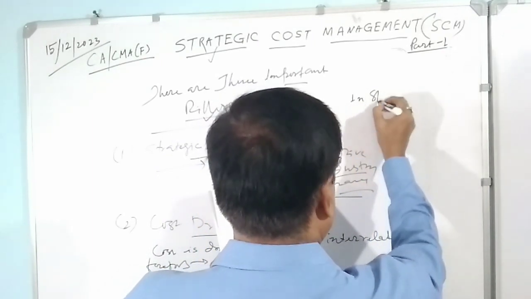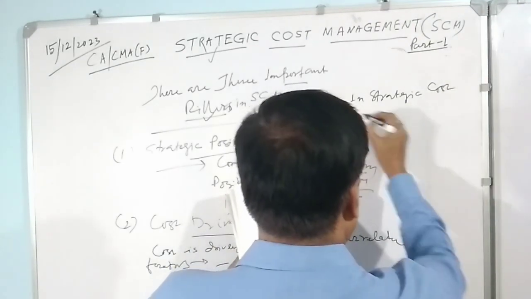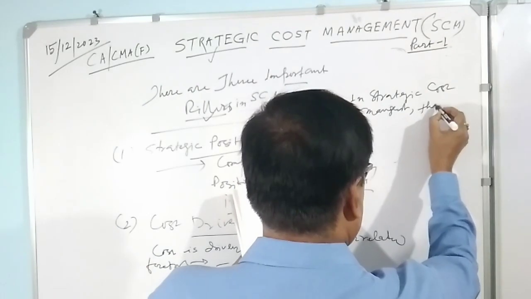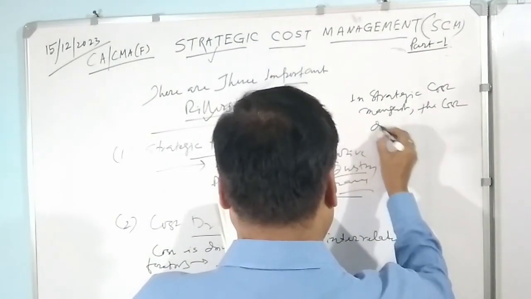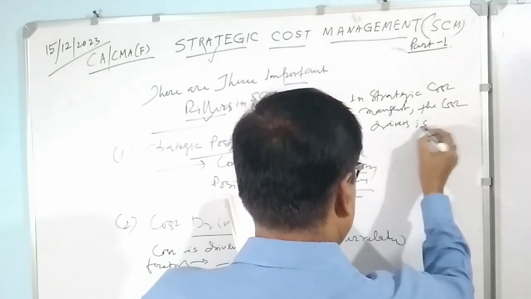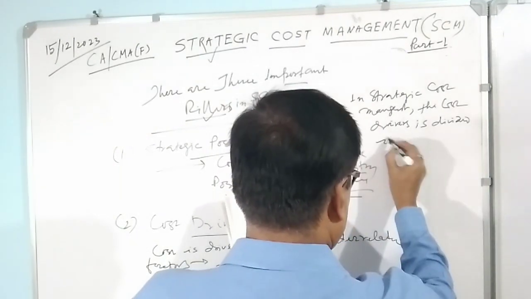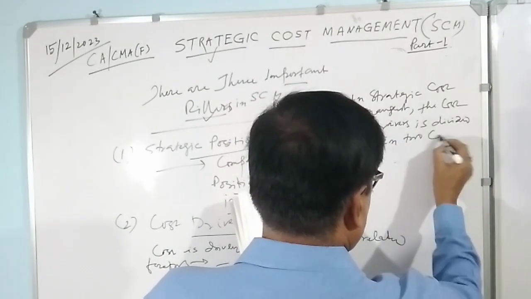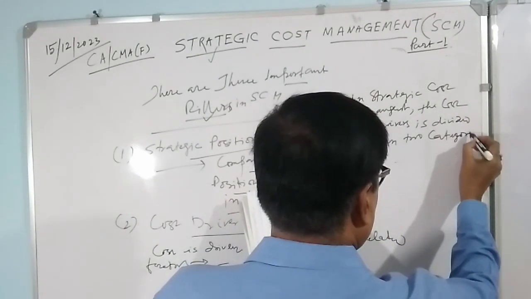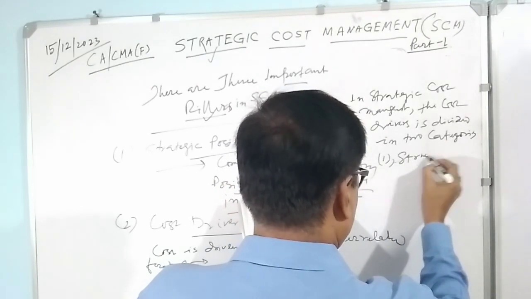In strategic cost management, the cost drivers are divided into two categories. What are those? Number one, structural cost driver.